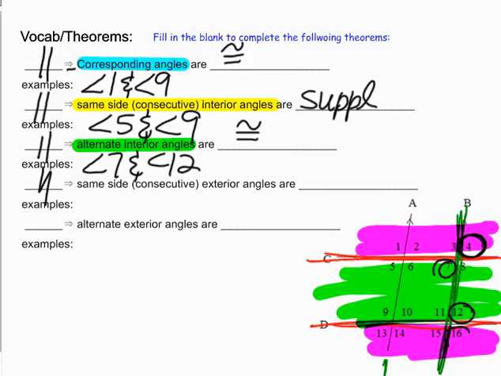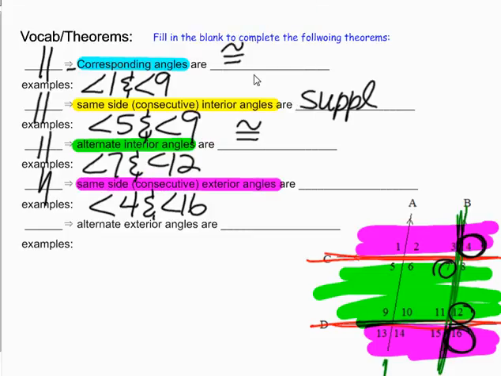So 4 and 16 are same side exterior angles. Same side exterior angles, 4 and 16, those would be supplementary. Same side begins with S, supplementary begins with S. That's how I remember that one.